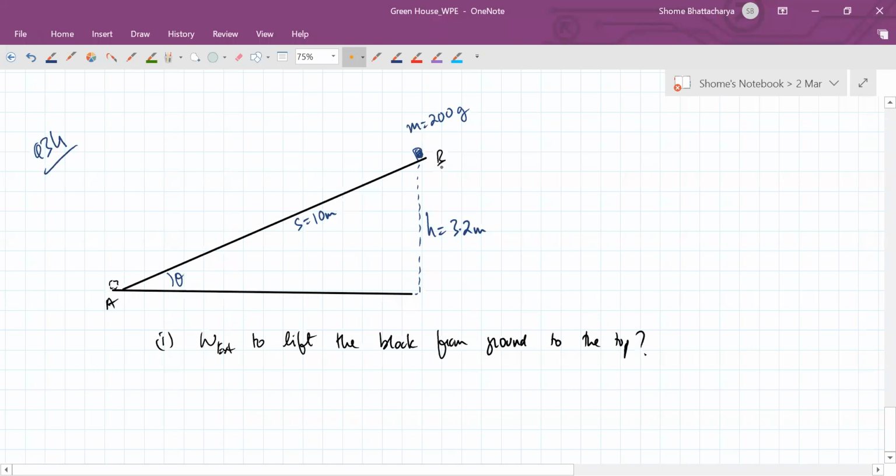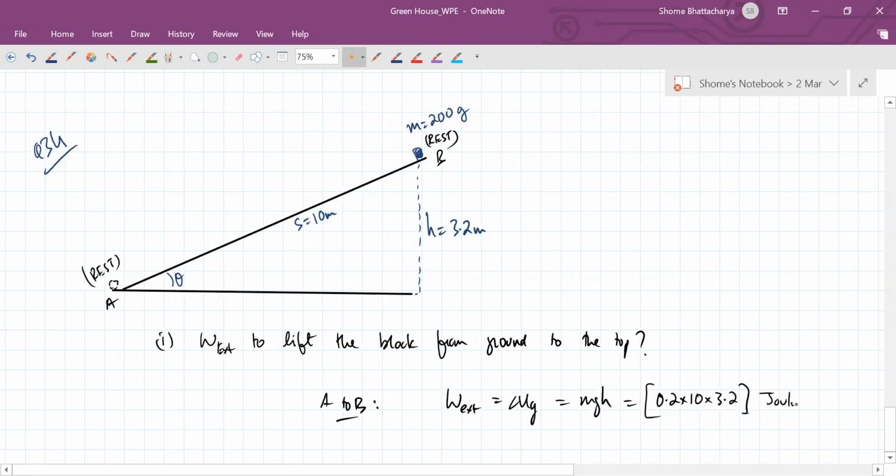From here to here, work done by the external agent will be the change in the gravitational potential energy. Because it's at rest over here when you place it, whereas initially on the ground it was also at rest. So you're not changing the kinetic energy, only changing the potential energy. So that is 0.2 into 10 into 3.2, these many joules.